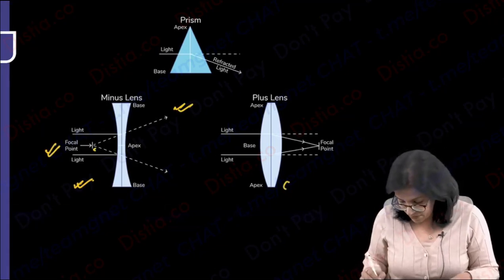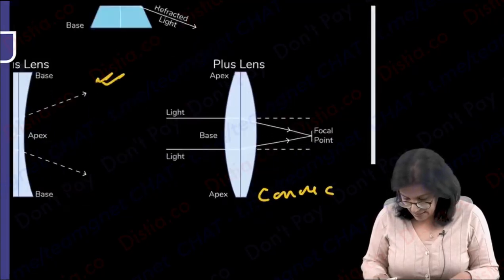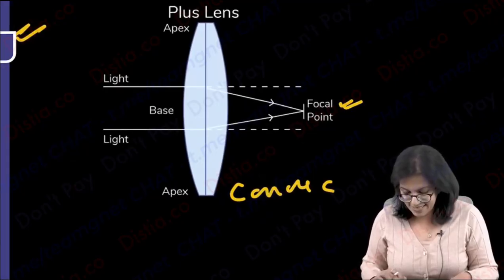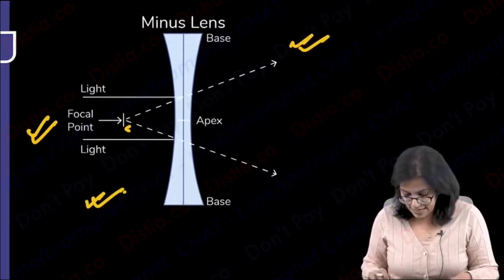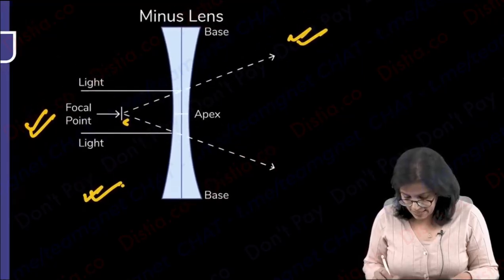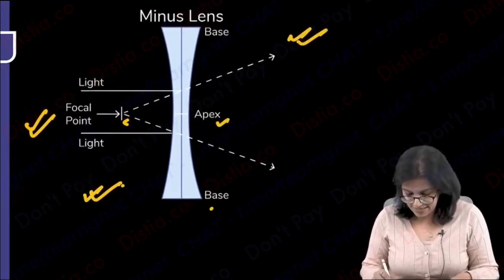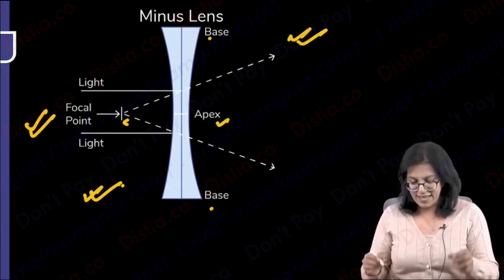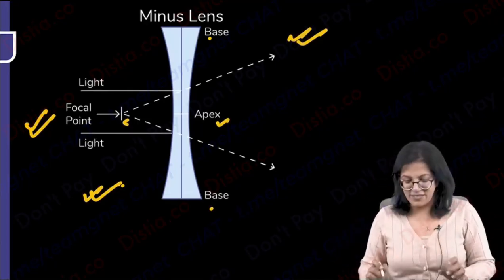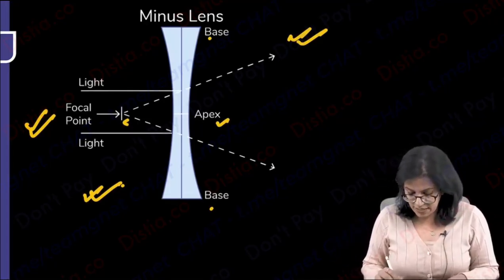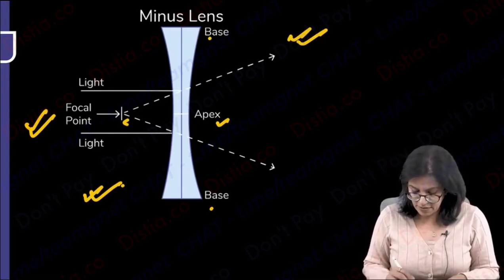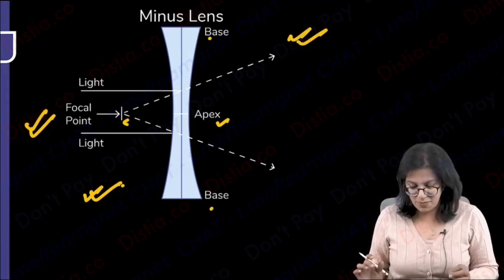And when this is a convex lens, the light rays are converging, so this is the focal point. This is a plus lens. In a minus lens, here is the apex and this is the base. So this is a concave lens. It's like two prisms above and below actually. There you see a divergence of rays, and when you meet it behind, this becomes a focal point.